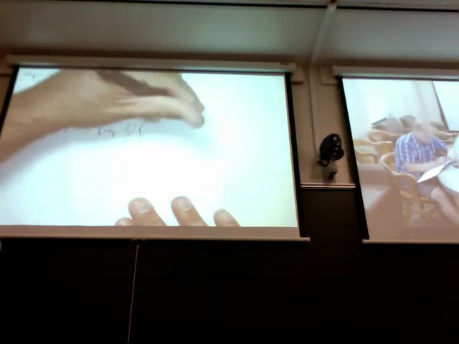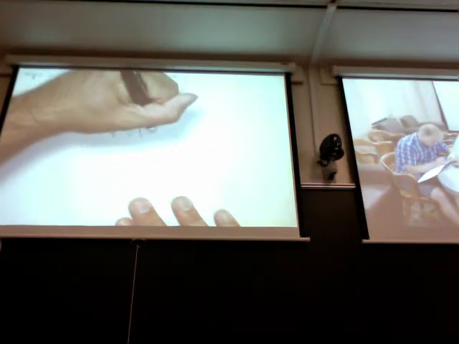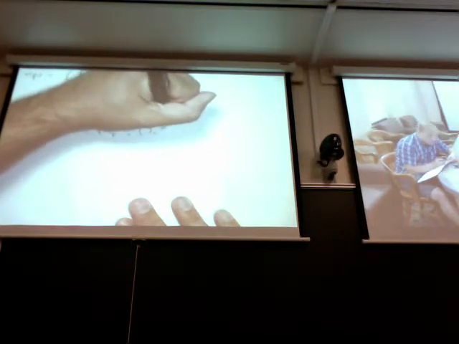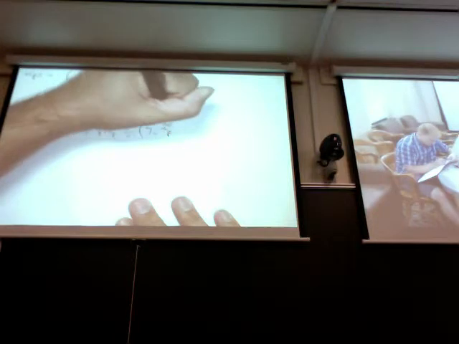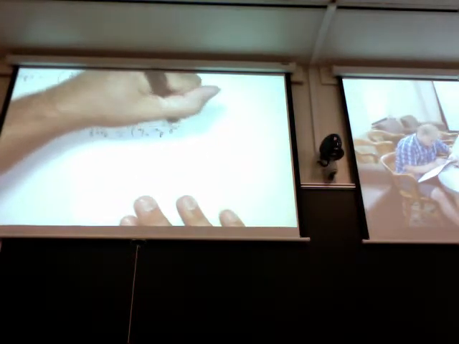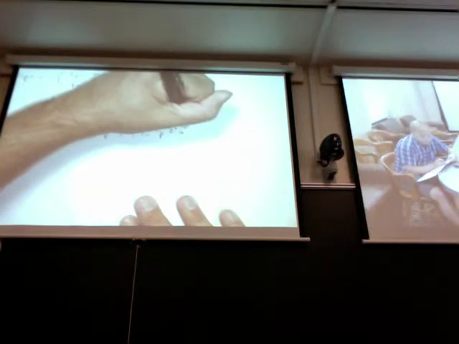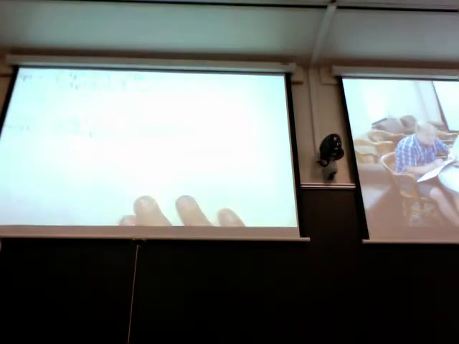Square root 2E tilde. And now I have the sum over s, η, a, and I've got a tilde. That's gamma 0. s tilde.